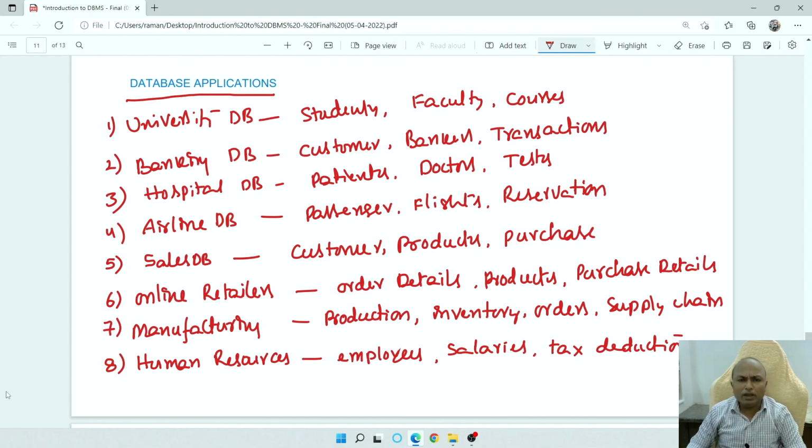These are the various applications of the database where we are using the database for their enterprises. Not only this, there are many, but we discussed some of them. Thank you.